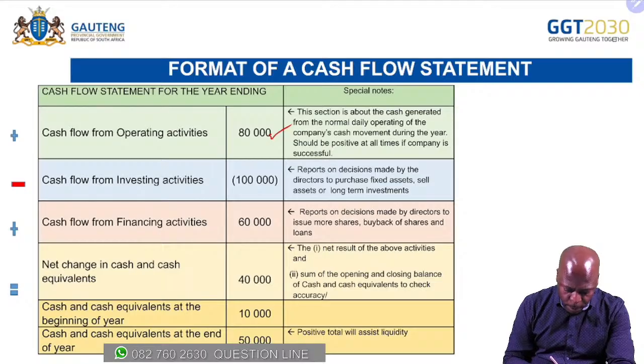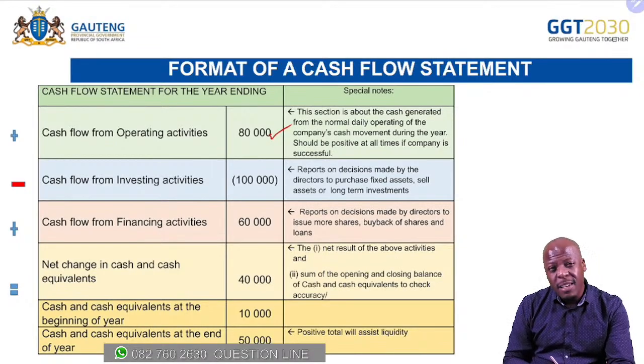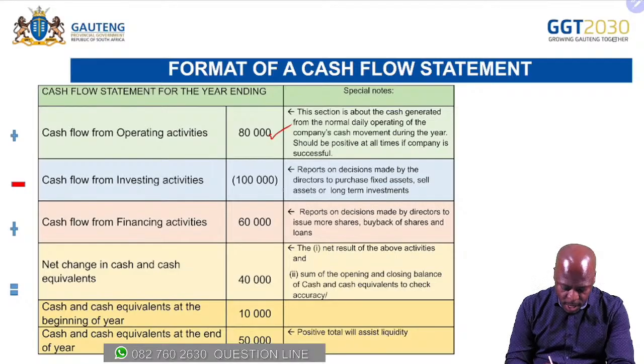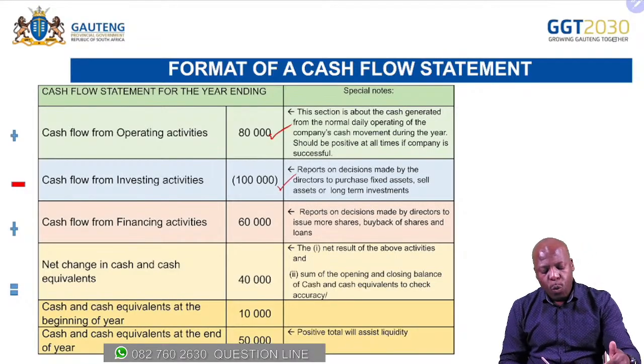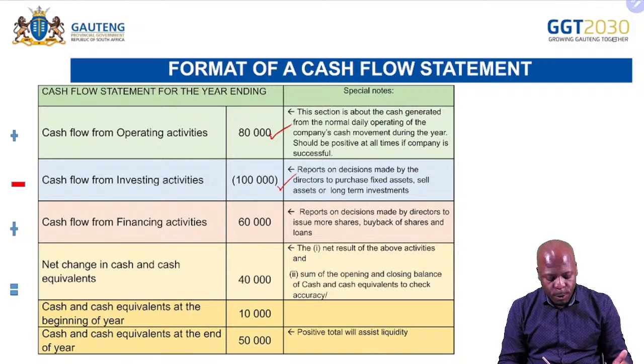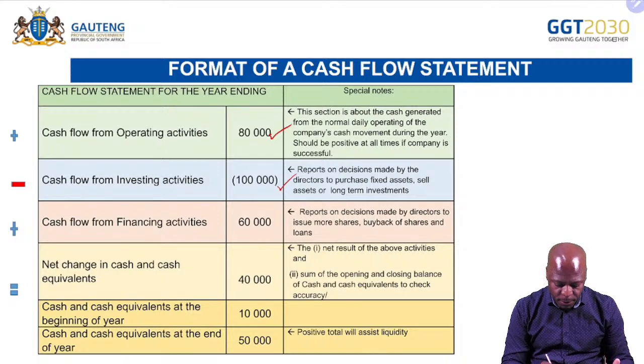And then your investing activities: we invested, and our investment went up to 100,000. This is our investment, 100,000. And then we had a cash inflow on financing activities of 60,000.